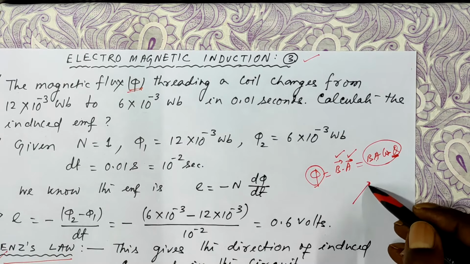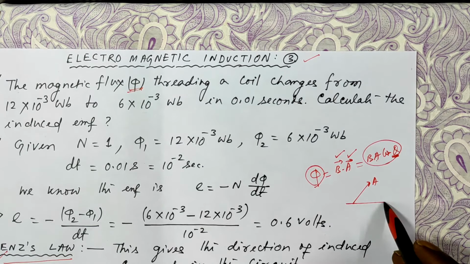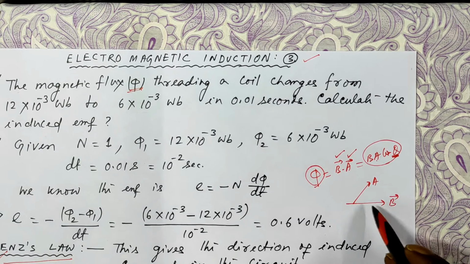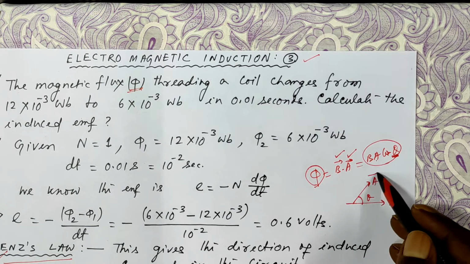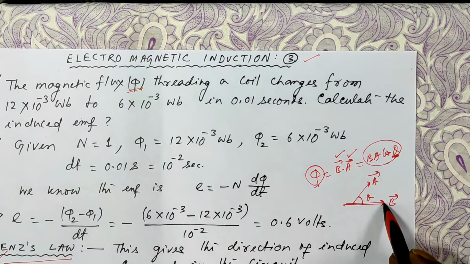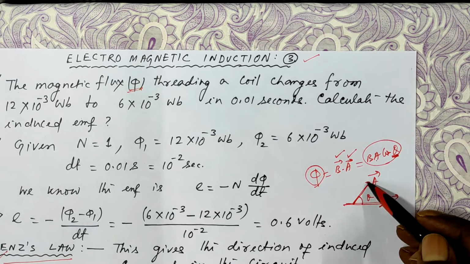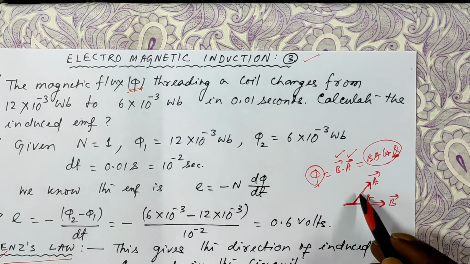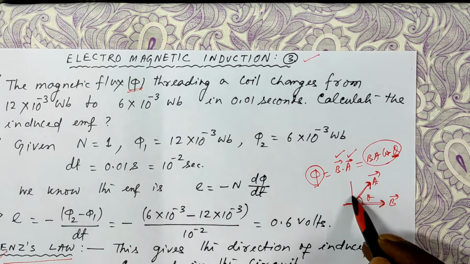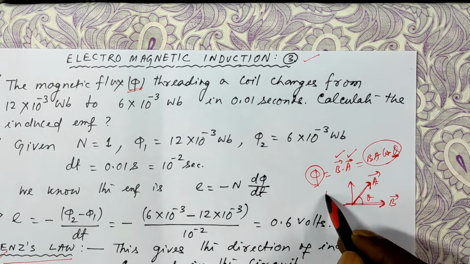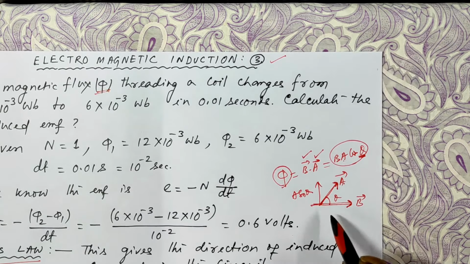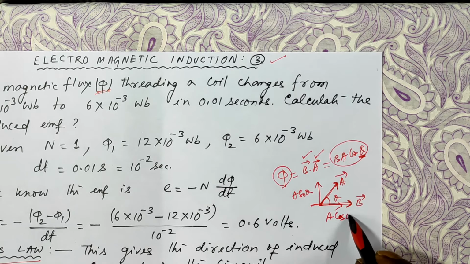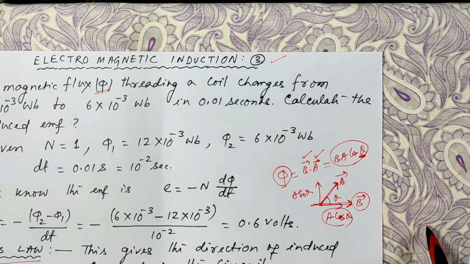If the area is to this side and the magnetic field is to this side and this angle is theta, then these field lines are not passing through this area normally. So in that case, we had taken the cos component of the area. That is, this is your A sin theta, and this will be your A cos theta. Now A cos theta and B are in the same direction.